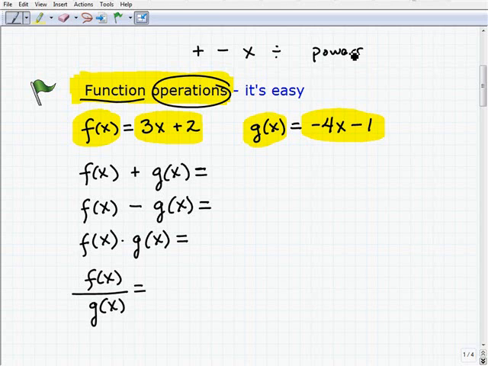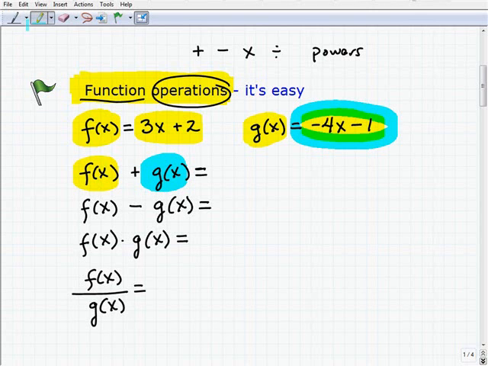Okay, so with that said, let's go ahead and take a look at f of x plus g of x. This is your function g of x, and you have the function f of x. What do you think this means? Just take maybe a moment here, and logically, what do you think it means to take f of x and add it to g of x?